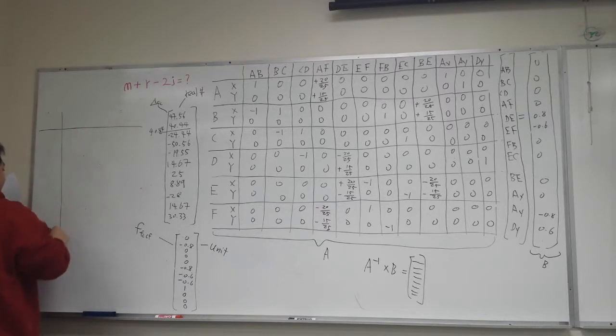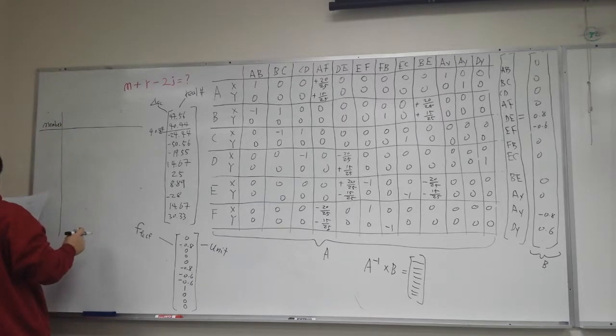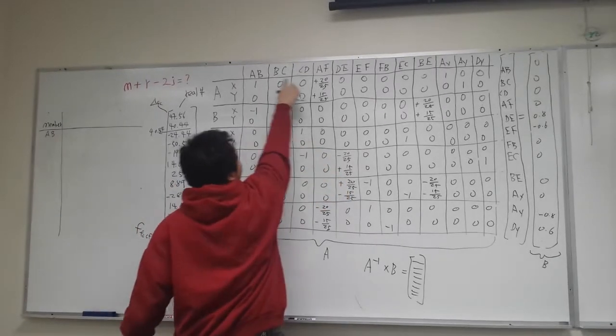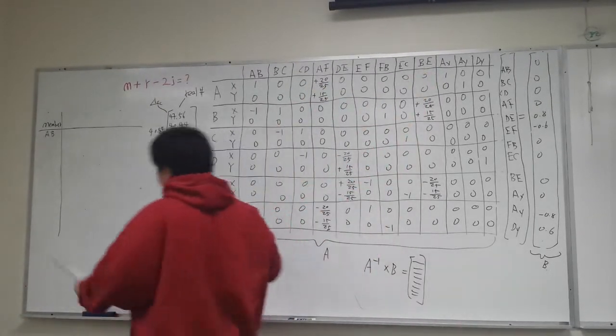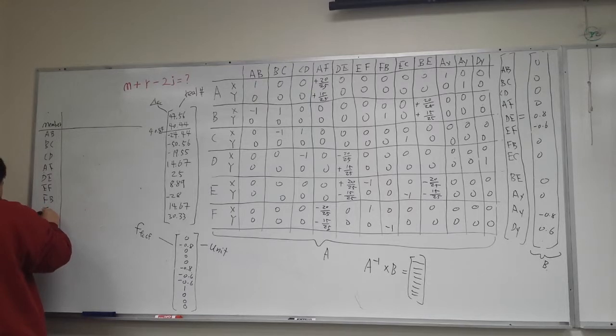Members. You're going to have AB. Just copy everything from here, AB to BE. So you're going to have AB, BC, CD, AF, BE, EF, FB, EC, BE.